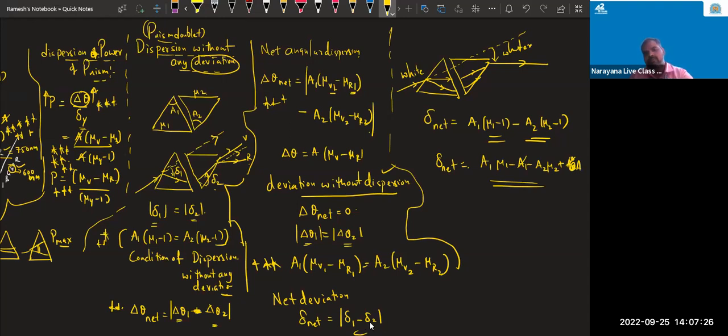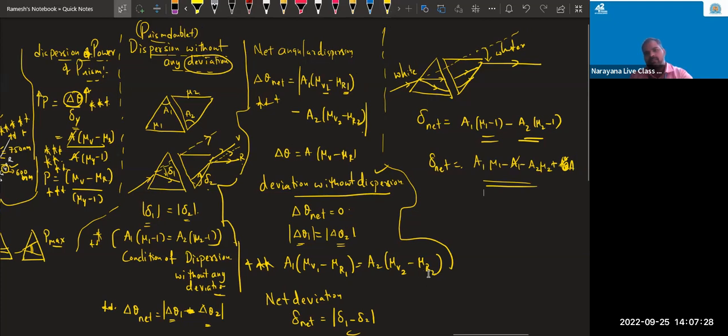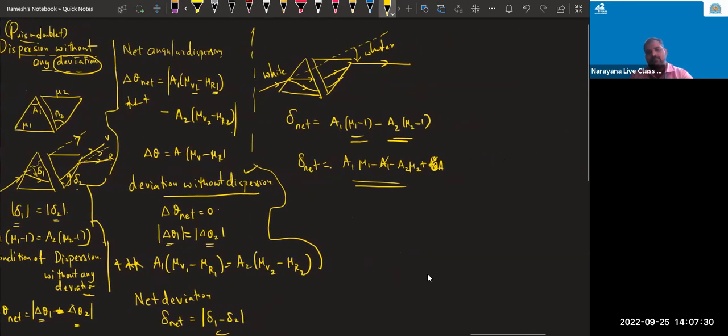One small practice problem, try. One prism doublet. Its refractive index is 1.5. Angle of prism is 10 degrees.